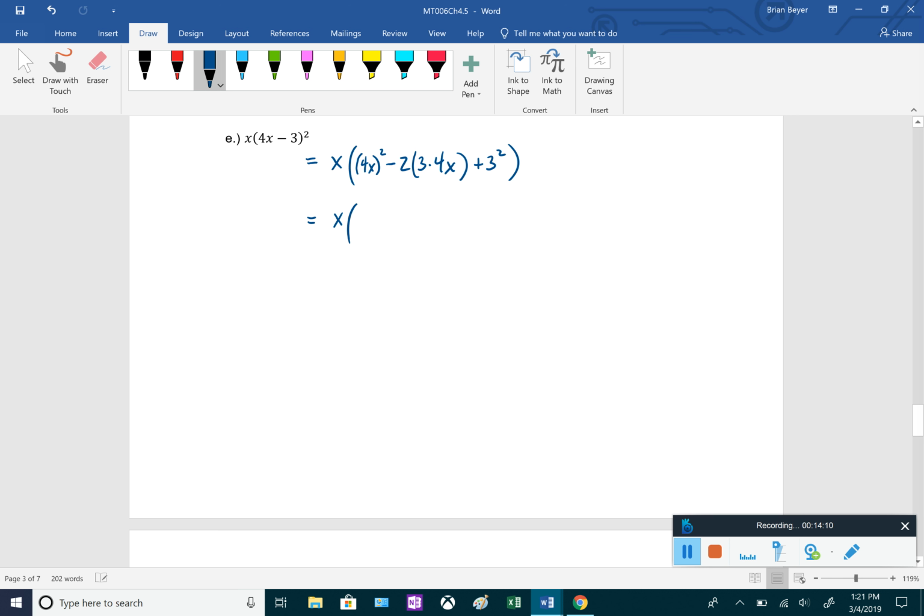So it's going to be x times, so 4x all squared is going to be 16x squared, minus 2 times 3 times 4 is 24, 24x. 3 squared is 9. So now we just have to distribute the x, and we get 16x cubed minus 24x squared plus 9x. And that's our final answer.